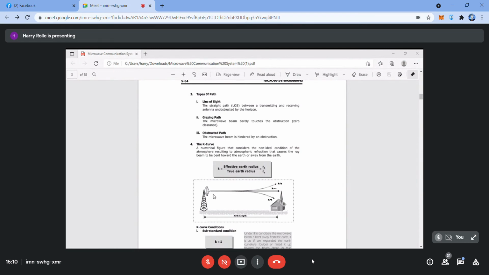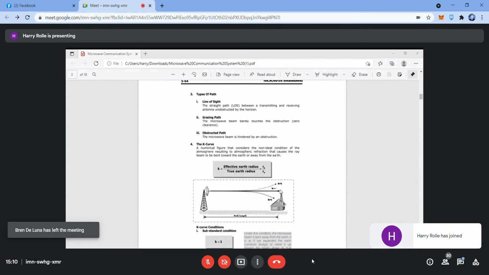But because of the atmospheric condition that we have in the ionosphere, merong pressure na ginagawa doon sa ionosphere, nagkakaroon to ng epekto, kaya nagkakaroon tayo ng tinatawag na K curve or K factor. So normally, when we want our signal to be as flat as it could be, K must be infinity. Tandaan nyo ha, K must be infinity.